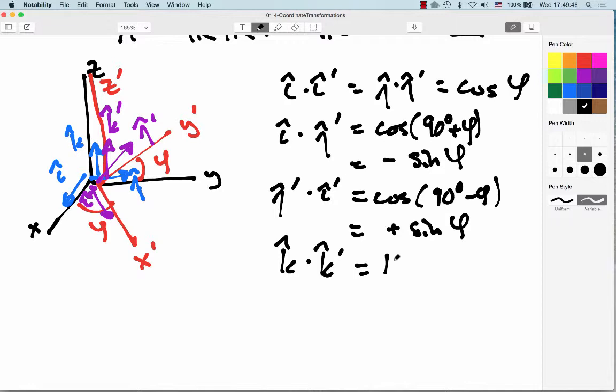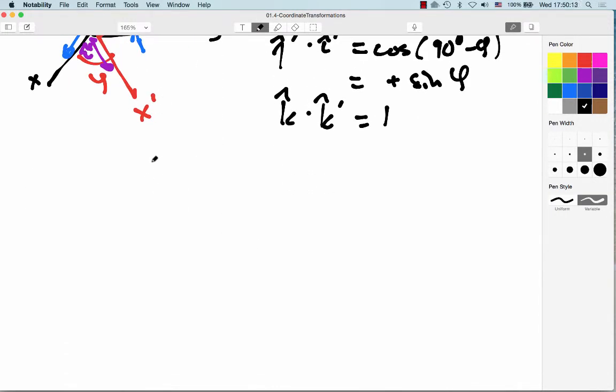And you should be able to convince yourself that all of the other dot products in our transformation matrix, basically all the other ones involving either the k hat or the k hat prime, will be perpendicular to any of the i's and j's that we have, and so the dot product will be 0.